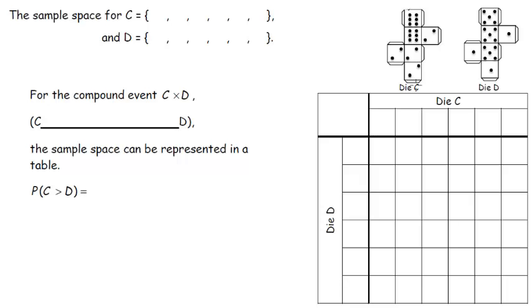The sample space for die C, I could get a 2 4 times and then a 6 2 times. So my outcomes here might be 2, 2, 2, 2, 6, and 6. Then when we look at die D, well, that has 3 1s and 3 5s.